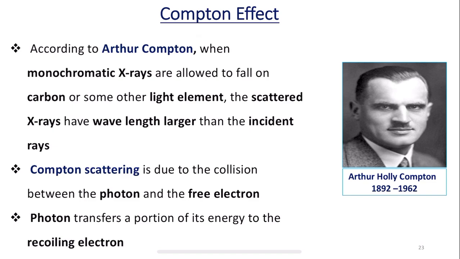Arthur Compton studied this effect in the year 1922. During the study, Compton found that the wavelength shift is not dependent on the intensity of the incident radiation, whereas it is dependent on the angle of scattering and on the wavelength of the incident beam.